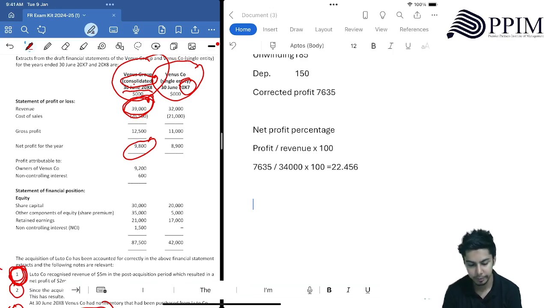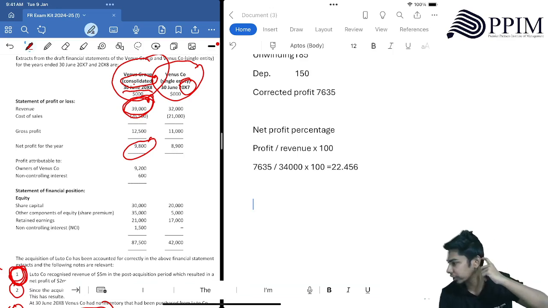That means, Amjad, what's the meaning of that sentence? Yeah, correct. So they are asking why we can't compare a single entity with a consolidation.